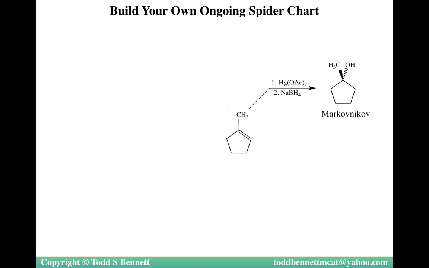I'm sorry, my apologies, a Markovnikov reaction, but also probably want to make a little note: avoids rearrangement. So the reason we do this is it avoids issues with rearrangement. It coordinates the intermediate so that you don't get that issue. Okay, so Markovnikov addition, H goes where H is, so H goes on here, and the OH is left on the more substituted carbon. Okay, that covers one reaction.